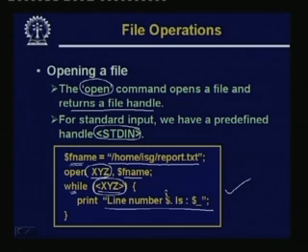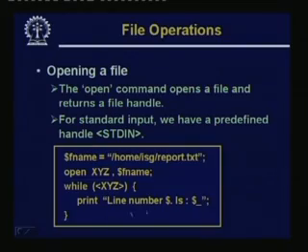These are special variables, dollar dot and dollar underscore. This we shall talk about later again. Dollar dot returns the line number you are reading, and dollar underscore represents a string which is the contents of the present line.